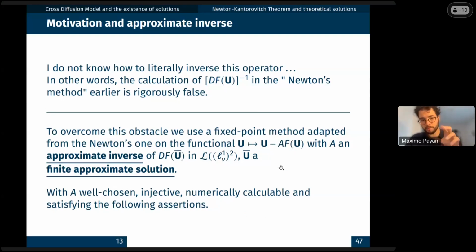And also A is numerically calculable and satisfies the hypotheses of the Newton-Kantorovich theorem that I showed you just now.